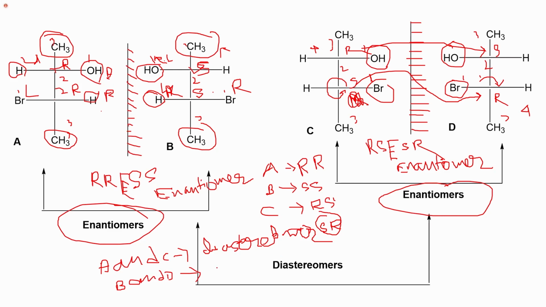So B and D are diastereomers. Now you can also confirm that B and C or B and D are diastereomers to each other, or A and C and A and D are diastereomers to each other.